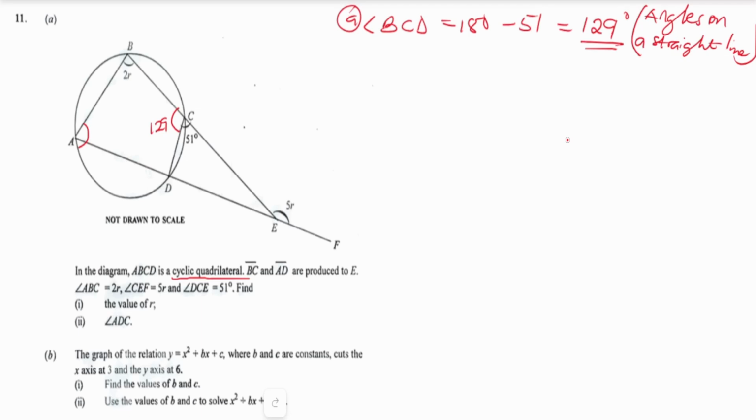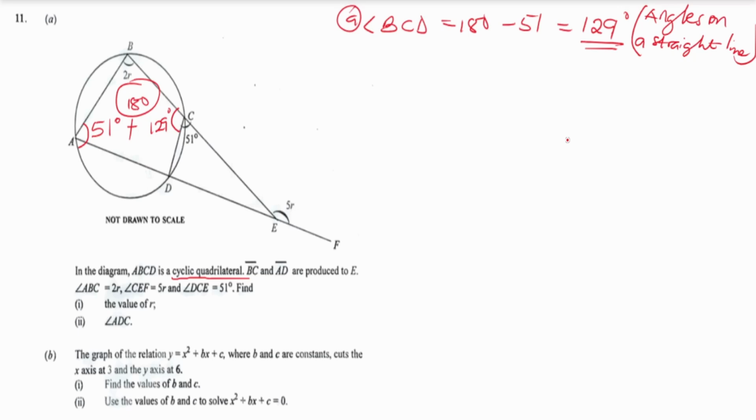So for us not to waste too much time, the angle BAD will be 51 degrees, because again, this plus this should give us 180 degrees. Since 180 minus 51 gives us 129 degrees, then this will be 51 degrees. That is how we got that, and we used the idea that the opposite angles of a cyclic quadrilateral are supplementary, meaning they add up to 180 degrees.